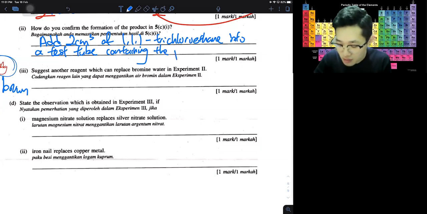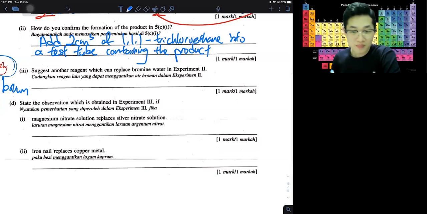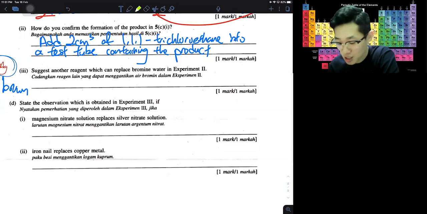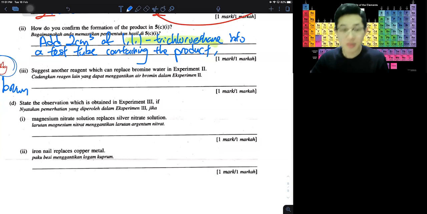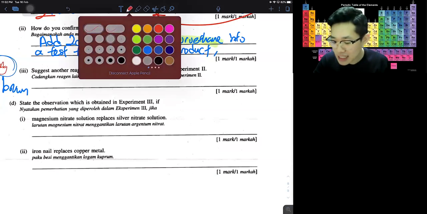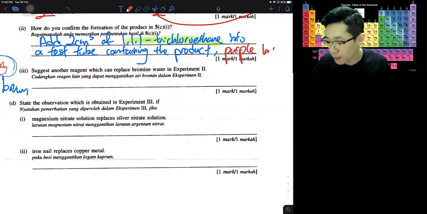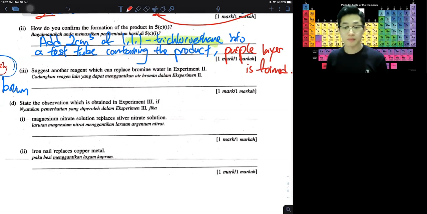It is only 1 mark, so you don't have to write so long, but never mind. We add 1,1,1-trichloroethane into the product, and we will get a purple layer. So a purple layer is formed when 1,1,1-trichloroethane is added.